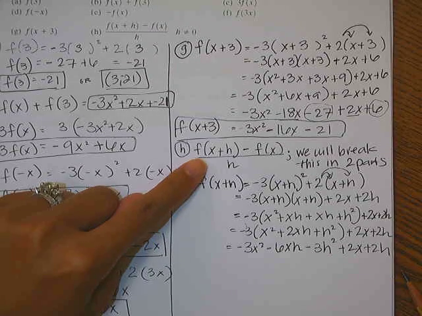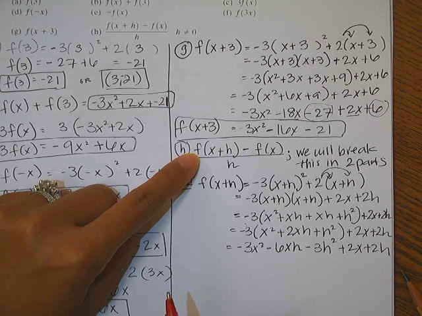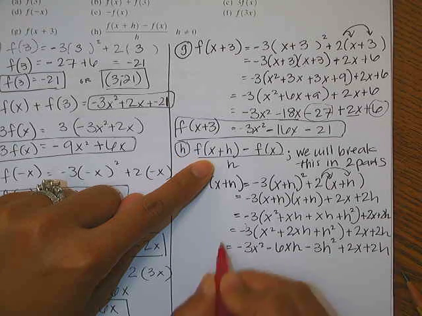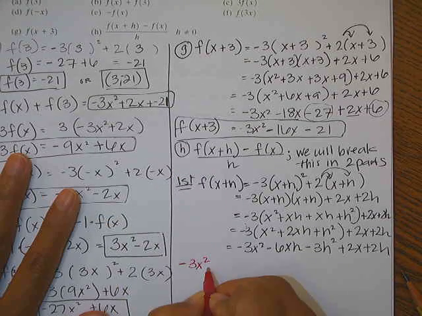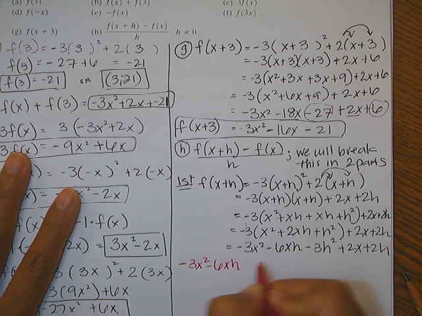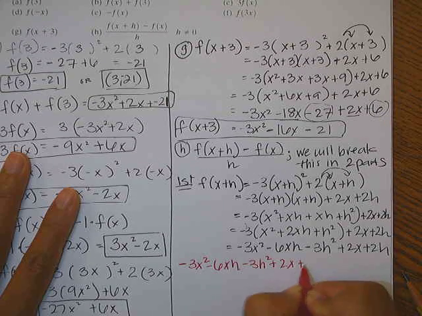So the question wants us to find the difference quotient. So that means it wants you to take f of x plus h, which we found an answer, which is negative 3x squared minus 6xh minus 3h squared plus 2x plus 2h.